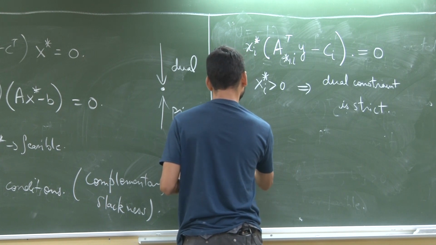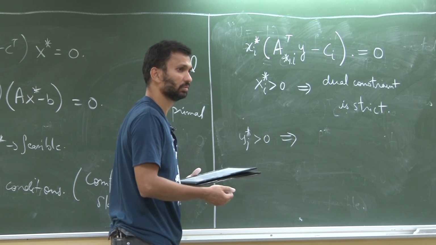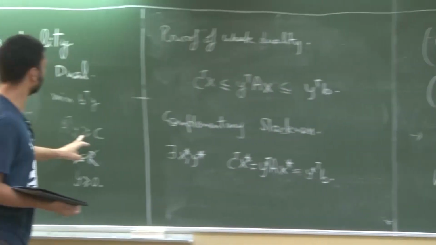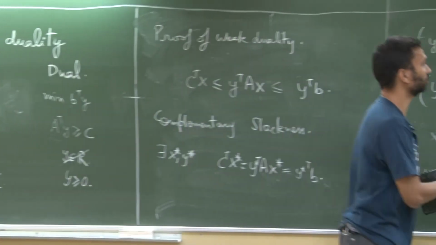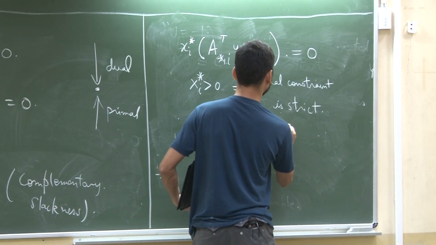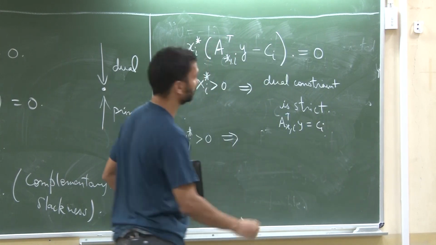Similarly, strict means equality. Generally, whenever I say inequality is strict, okay, I see. So, dual constraint is strict means it is equal to C.